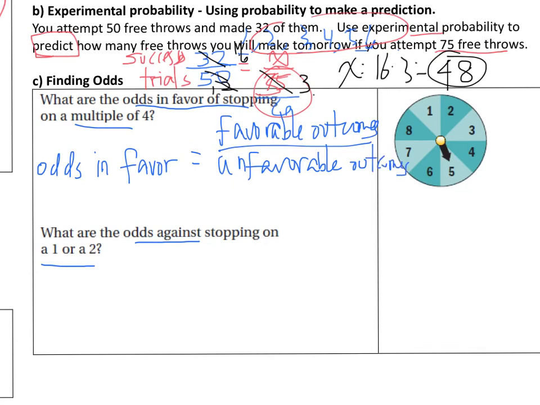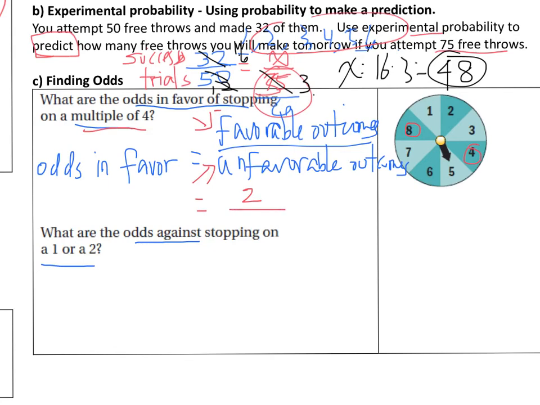Meaning, in the numerator, you're in favor. In the denominator, you're not in favor. You don't want it. So in the numerator, I would put 2 because I only have 4 and 8 as my multiples of 4.